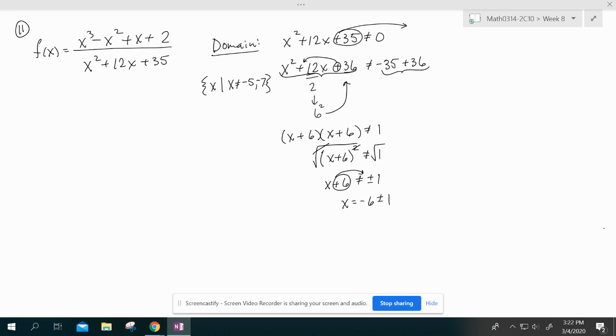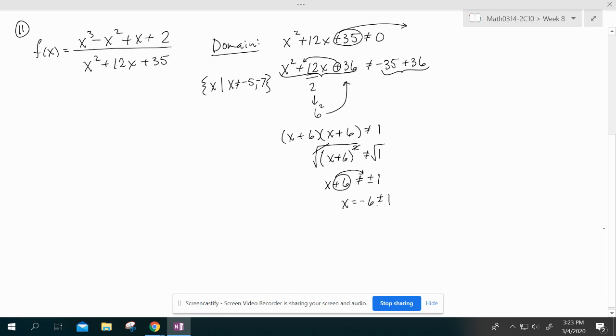Those are the 2 numbers x cannot be. Do you see where I got those from? Yeah. So I did the plus, negative 6 plus 1, and then I did the minus, negative 6 minus 1.